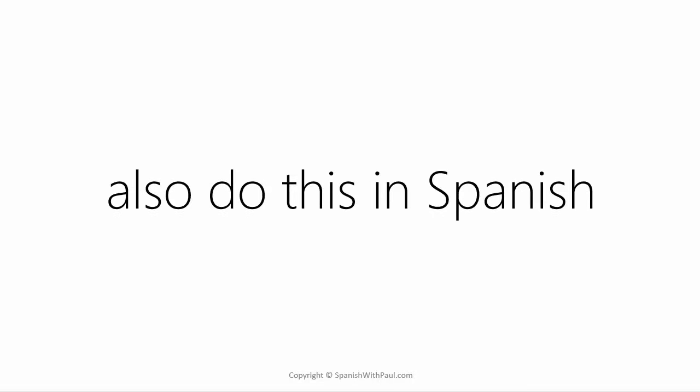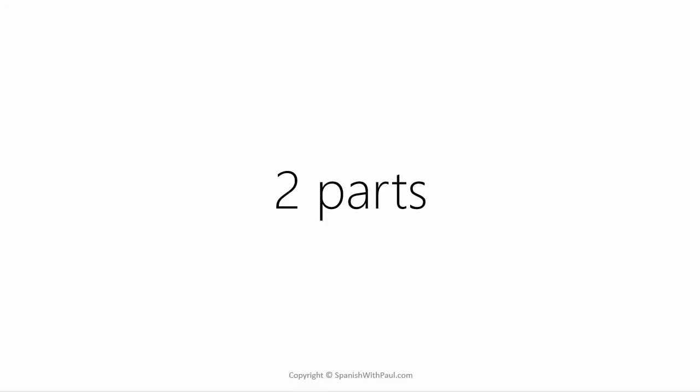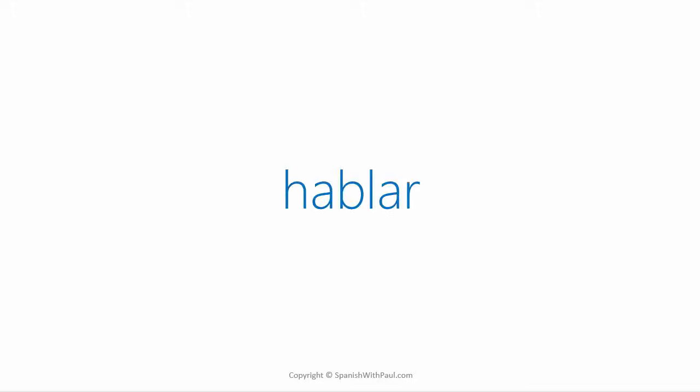Now we can also do this in Spanish. So for example, if we want to express I am speaking, we have two parts to consider. First of all, the I am is always going to be estoy. Now the second part is speaking. So we go to the verb, which is hablar, to speak.